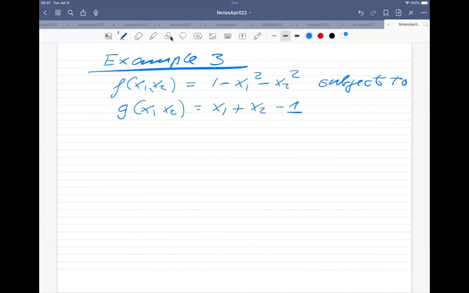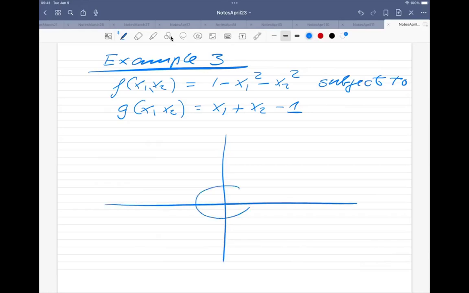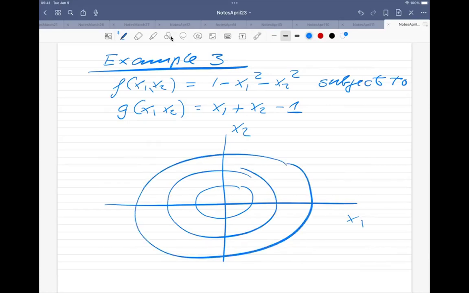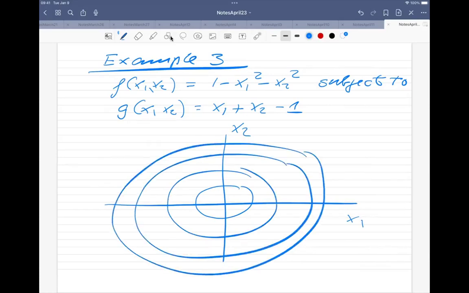Now, if I plot the function, it's going to look like this. Our function will now take values depending on x1 and x2 here, where we can have different circles. Now, the constraint which we have is just a straight line, which will be something like this.